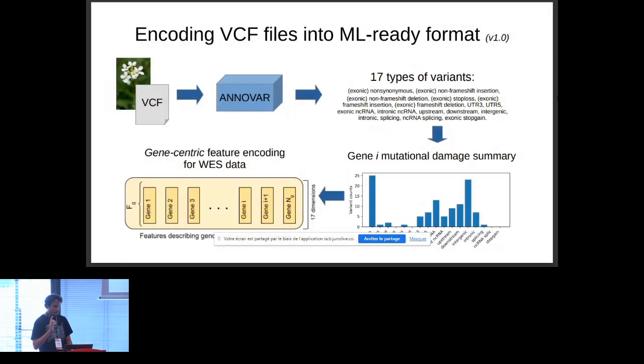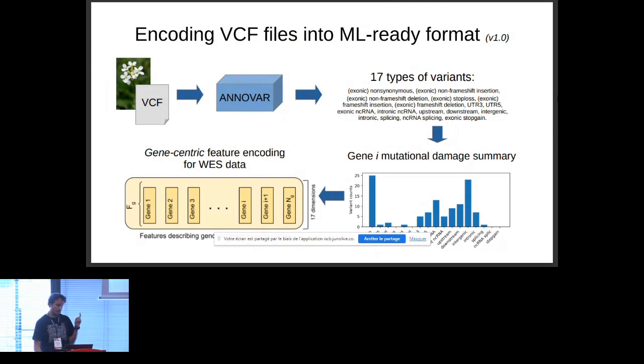And our goal was to predict those phenotypes from the genome, and the first challenge we had to face was to find a way to encode the sparse genomic information in the VCF files in some sort of machine learning understandable format.